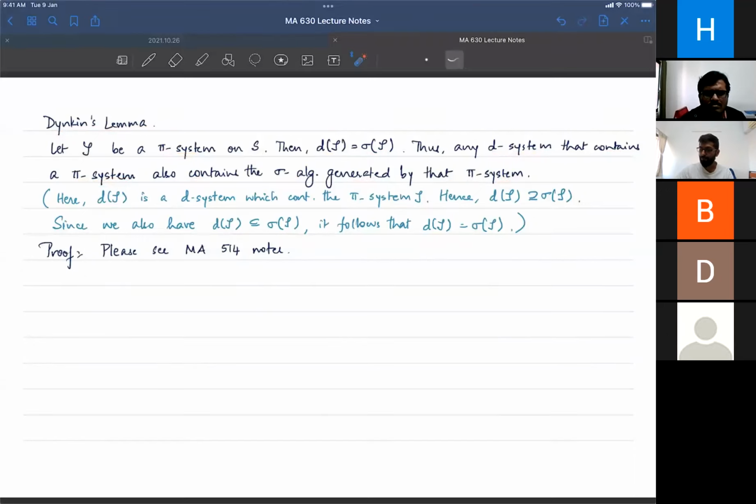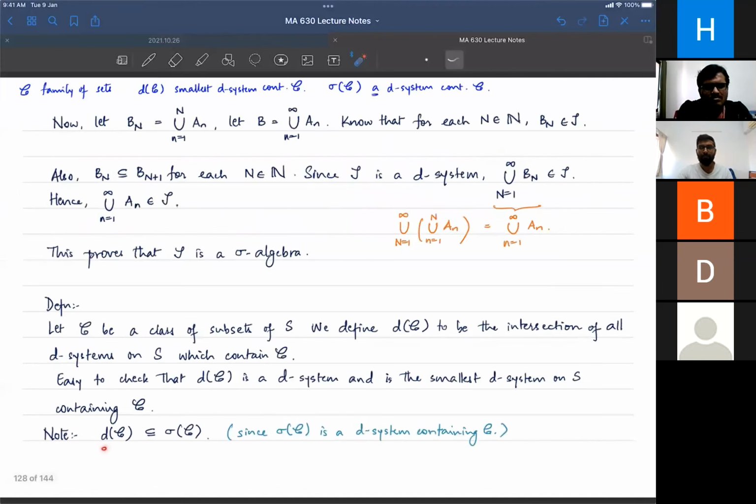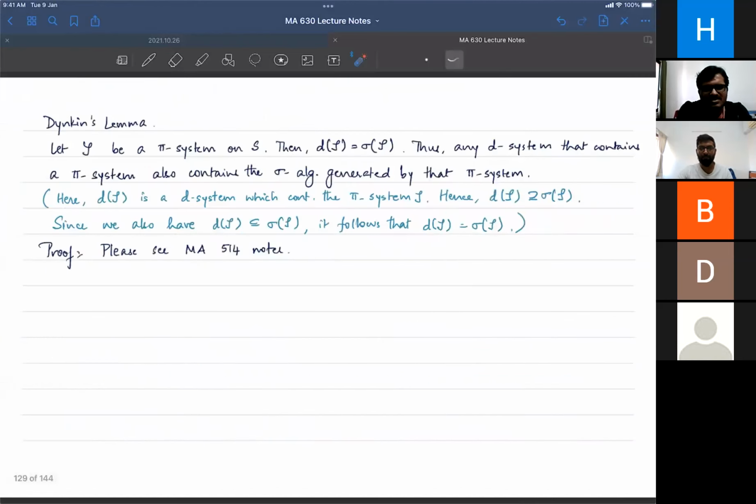S is our set. Suppose script S is a pi system on S. Then the claim is that D of S is sigma of S. Now remember, you already have D of S contained in sigma of S. That is already there. Now this is giving you containment in the other direction. Do you guys agree with that?